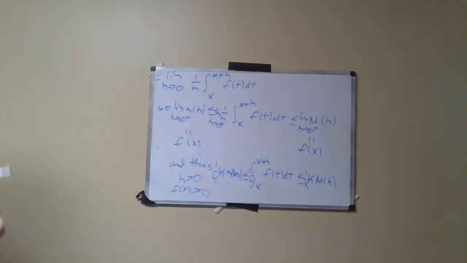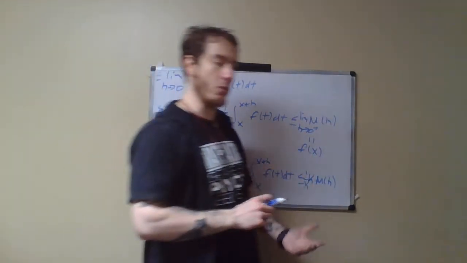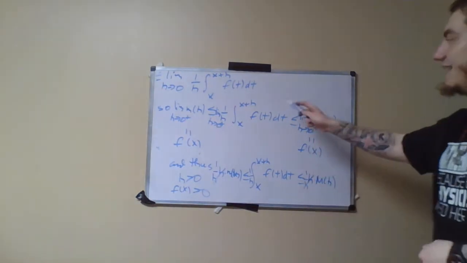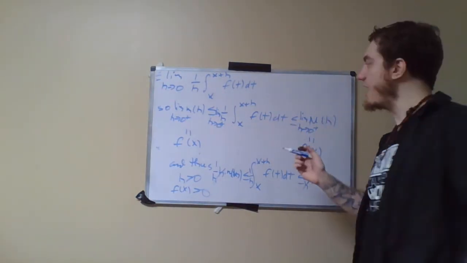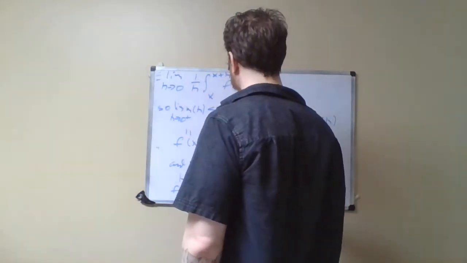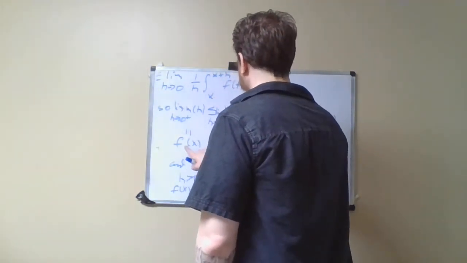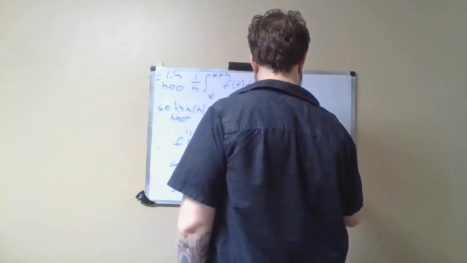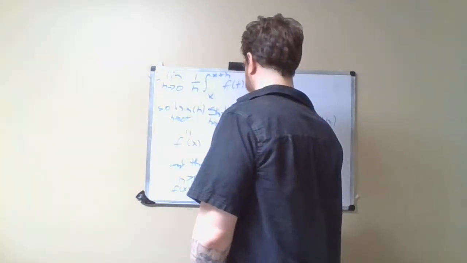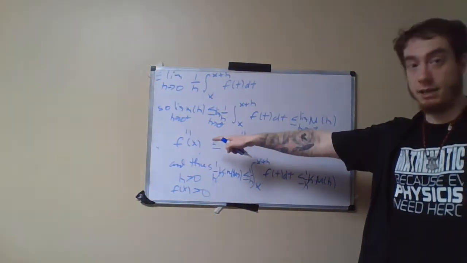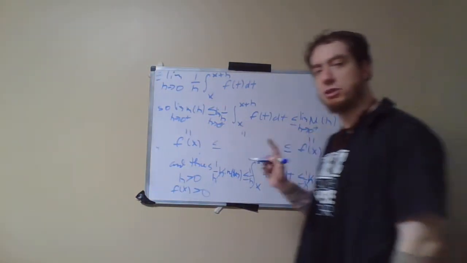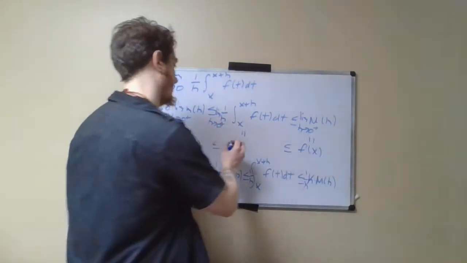And then if h is negative, they have to approach the value at the right endpoint. The sandwich direction becomes the opposite, but the same argument applies. And what this shows us is that this in the middle is sandwiched between f of x and f of x. So the only thing that this can be is f of x. And that establishes the fundamental theorem of calculus.